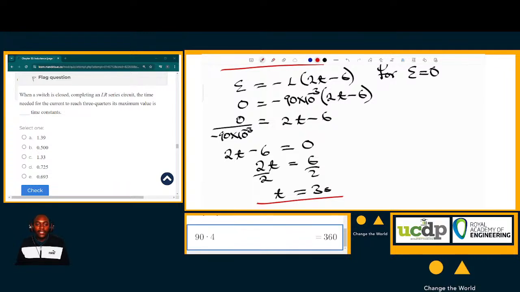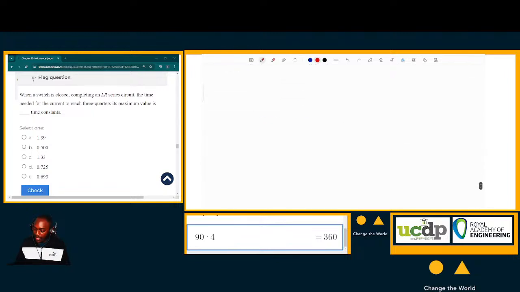So when a switch is closed, it means that the current is going to be increasing, right? The instant the circuit is completed, the current will increase exponentially. The current will increase exponentially.